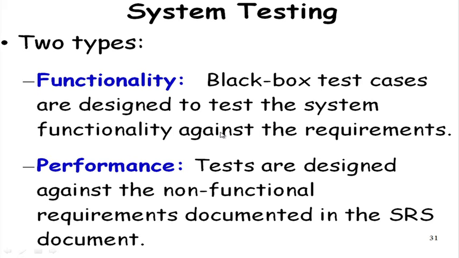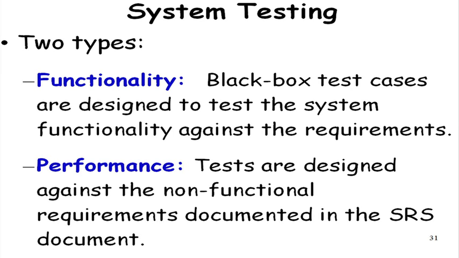Now, the next question that comes is, if we have to do the system testing, what sort of testing do we need to do? There are two major categories of tests. One is called the functionality test and the other is called the performance test. Both are designed based on the requirements document, and the functionality tests are done based on the functional requirements.